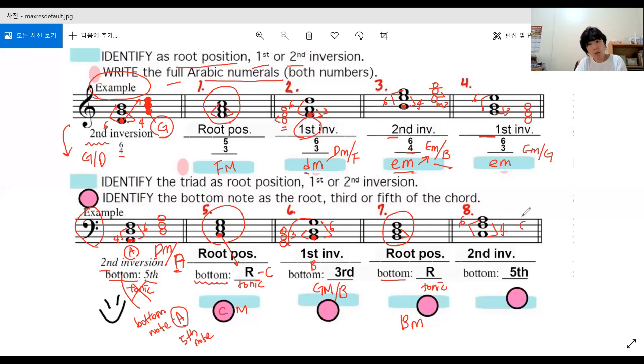One more inversion. This is C, F, A, C. This is F major, but the bottom one is C. And this one is second inversion, and the bottom C is the fifth note in the F major scale. You got it? Cool.